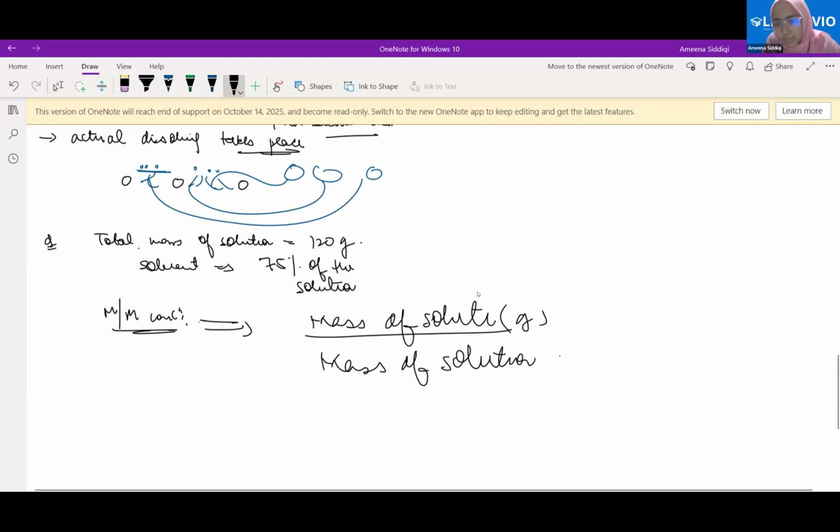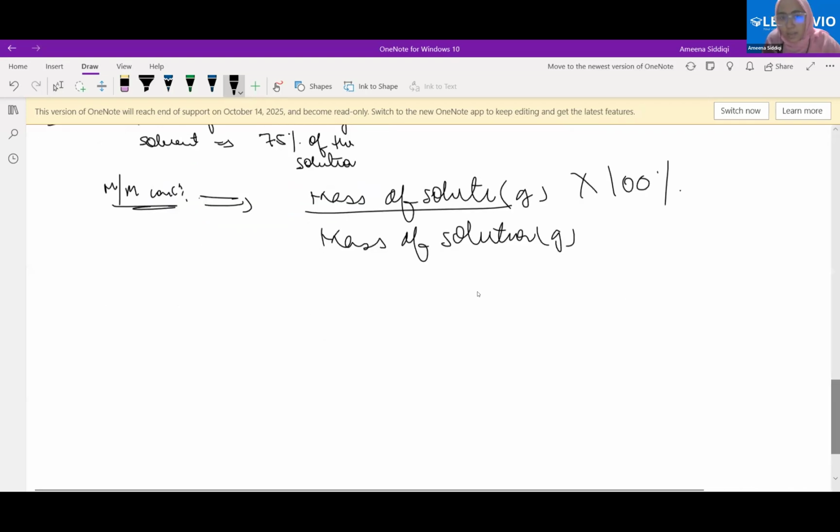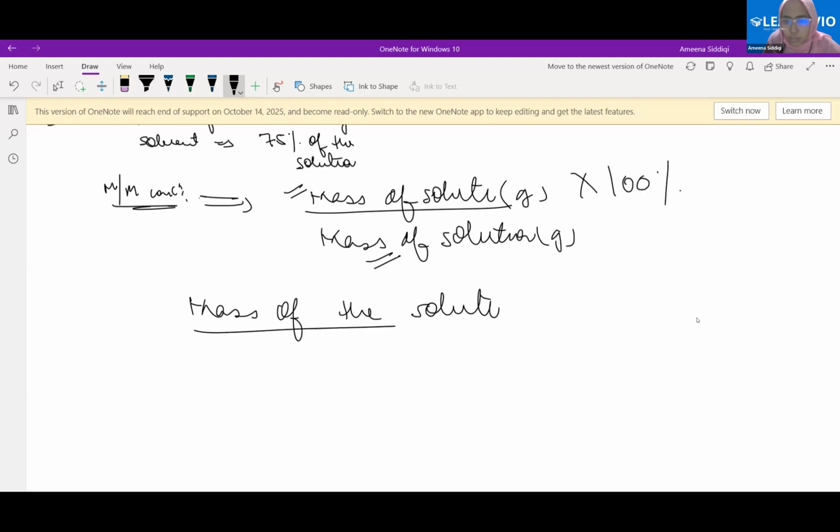Gram. We have the mass of the solution. What do we need? We need the mass of the solute. So first, from the given information, we will find the mass of the solute. What is given to us? The percentage of the solvent. The total percentage always has to be 100. So the percentage of solvent is 75%. Can I say the solute will be 25%? Yes or no?